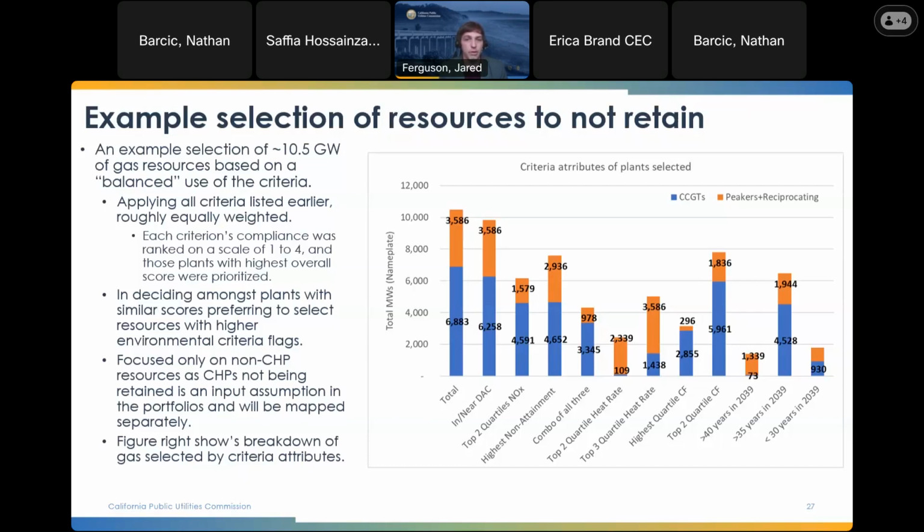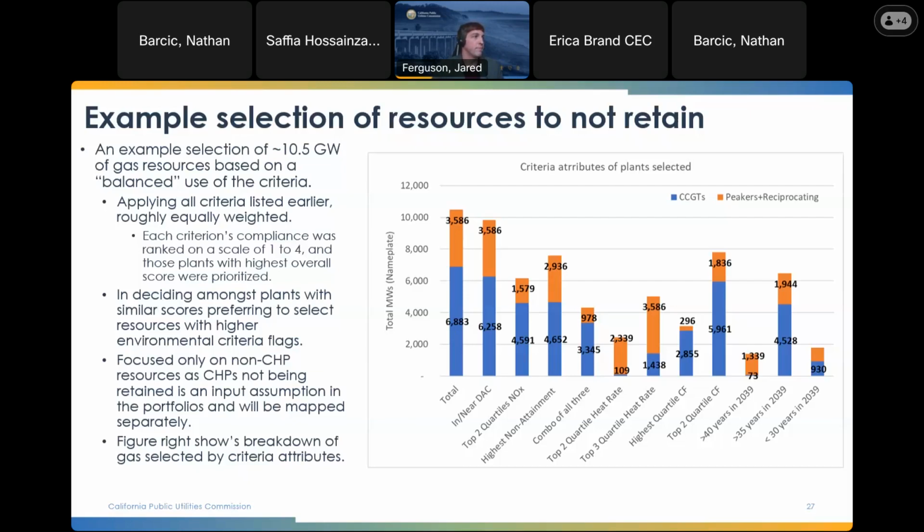And then the middle analysis shows those heat rate and capacity factor scores, how many of the plants show up as top scores in those, and then in the last three columns you have where they show up in the age criterion, age in 2039. And again, this is for the peakers and CCGTs only, not the CHP analysis.